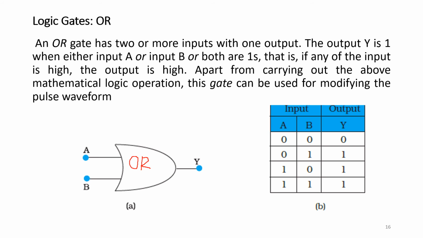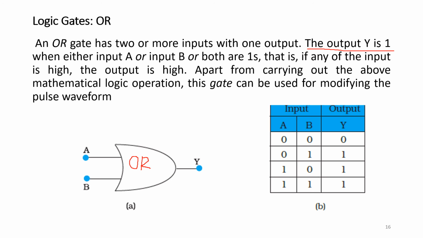So let us study the relationship. The possible inputs are A and B. A can be 0 and B can be 0. This is shown here. The OR gate says the output Y is 1 when either A is high. So if any of the inputs is high, the output is high.